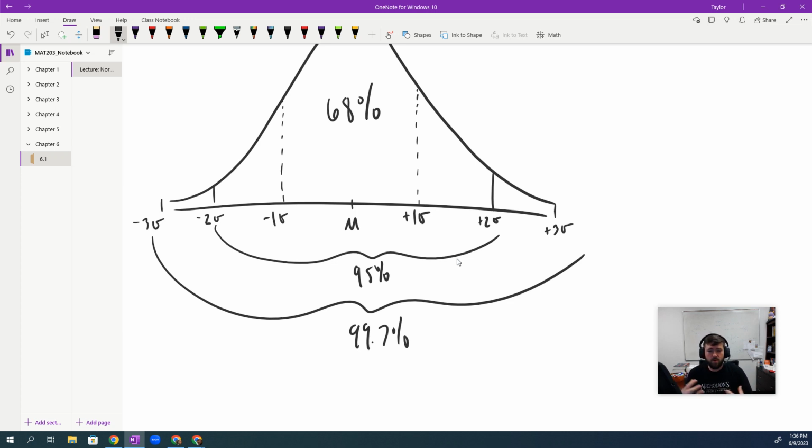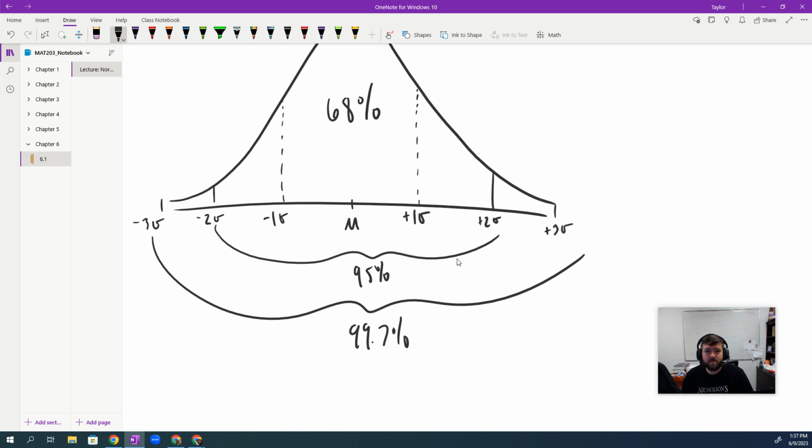So what the empirical rule is saying is that most of the data in a normal distribution is clustered around the mean. Most of your observations will be within plus or minus 1 standard deviation. Even more, 95% will be within 2 standard deviations. And 99.7%, almost all of your observations, will be within 3 standard deviations.